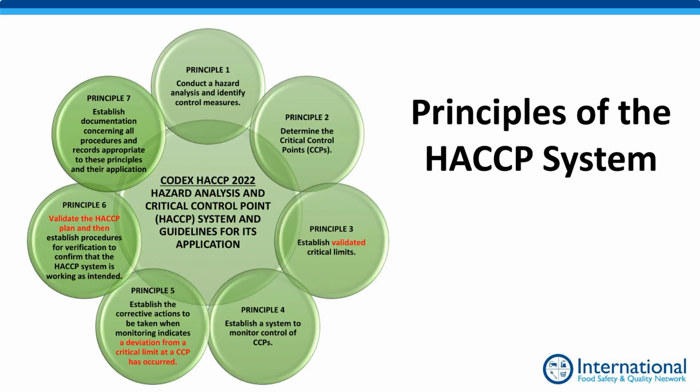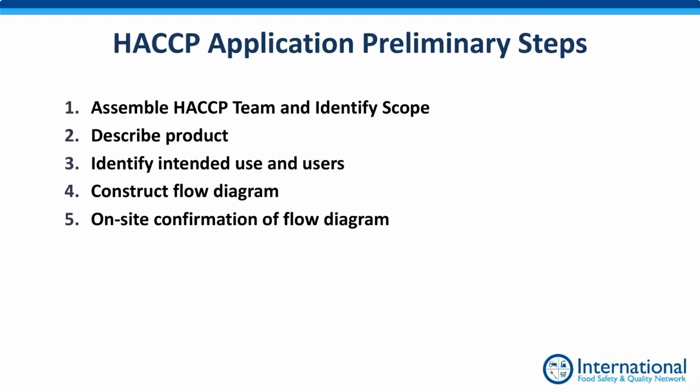So we need to bear this in mind during the preliminary steps. Those steps are: assemble the HACCP team and identify the scope, describe the product, identify intended use and users, construct a flow diagram, confirm the flow diagram on site.